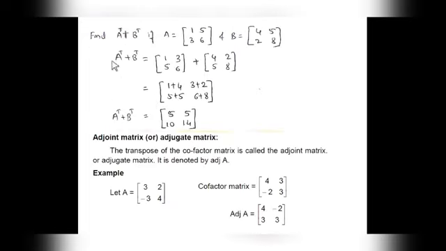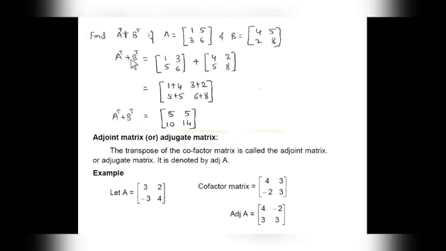Now we will see how transpose is done with some basic operations. Here they ask to find the transpose of A plus transpose of B, if two matrices A and B are given.